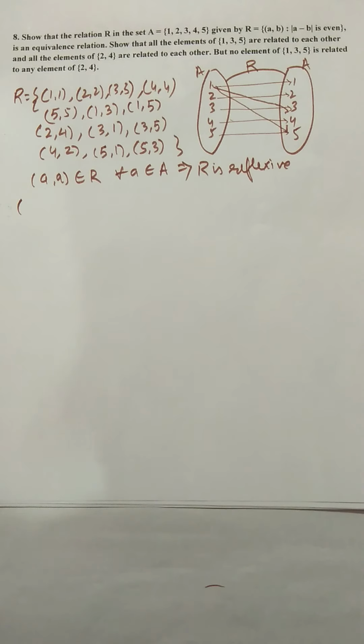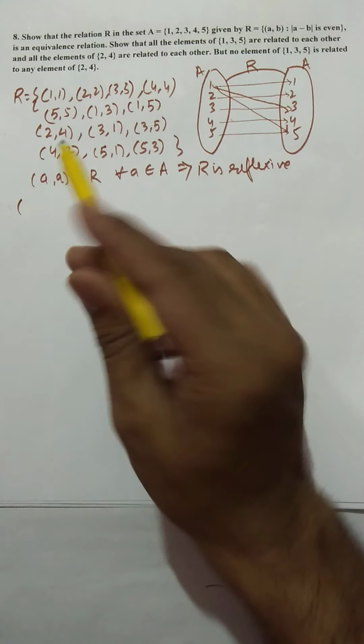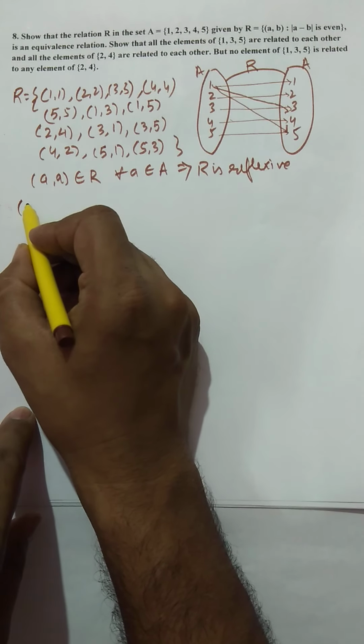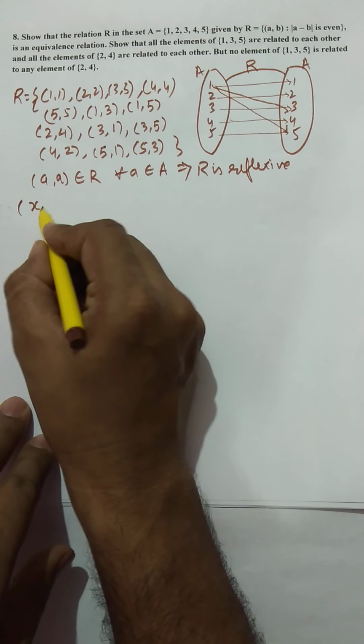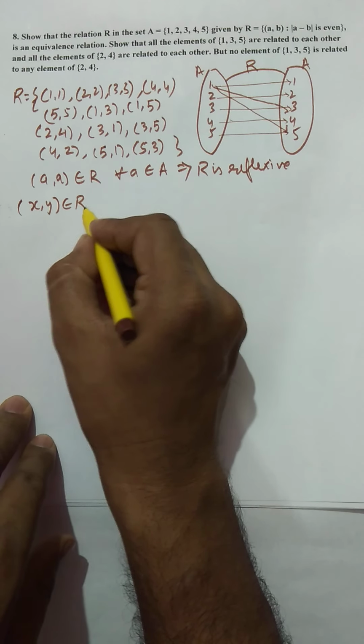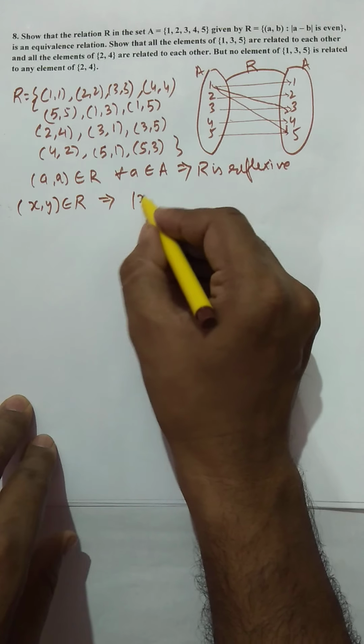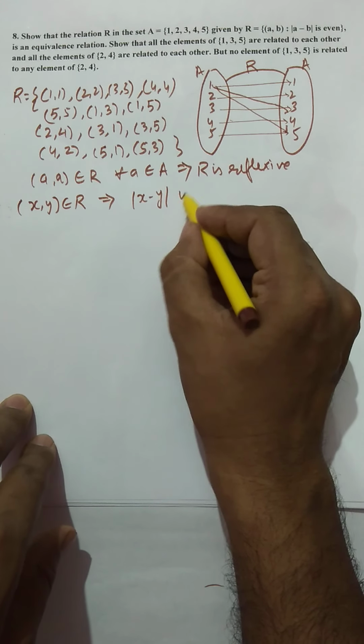Next one, we have to see whether this is symmetric or not. So simply we take some example. Or you can say like this, that 3 1 is there, 1 3 is there, 3 5 is there, 5 3 is there. Or we can do like this also, x comma y belongs to R. It implies that x minus y is even.